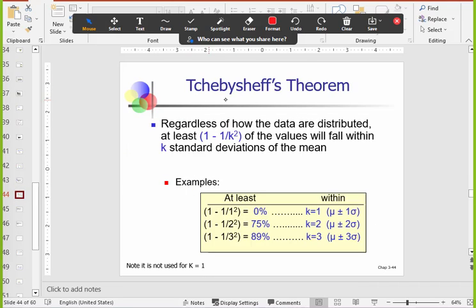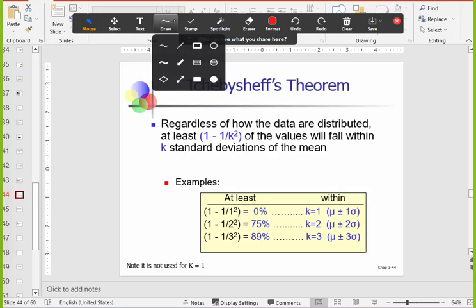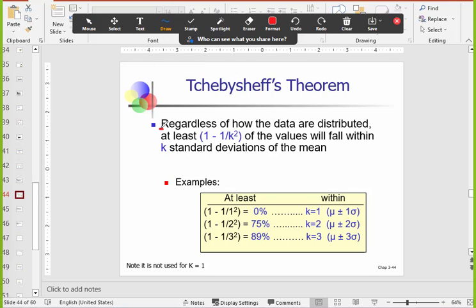Next is Chebyshev's theorem. Chebyshev's theorem does not worry about the distribution of the data, so you don't have to worry about whether the data is normal or not. It says that at least 1 minus 1 over k squared of the values will fall within k standard deviations of the mean. So if we calculate 2 standard deviations, where k is equal to 2, then the formula is 1 minus 1 over 2 squared, which is 75%.